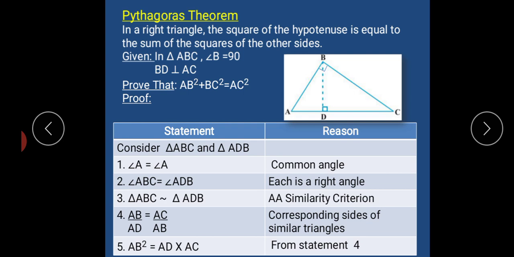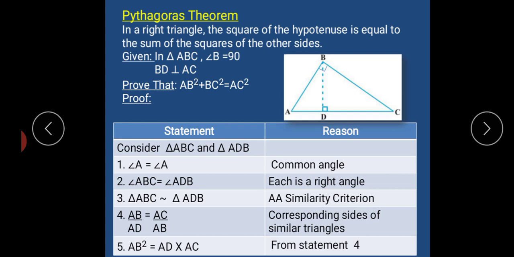Now we want AB square. So we take AB from the first triangle. The corresponding side of AB in the second triangle is AD. When we go to the second triangle, the denominator you write first as AB because we want AB square.